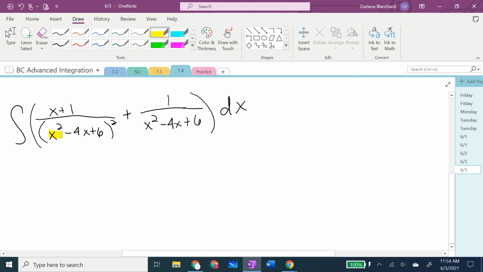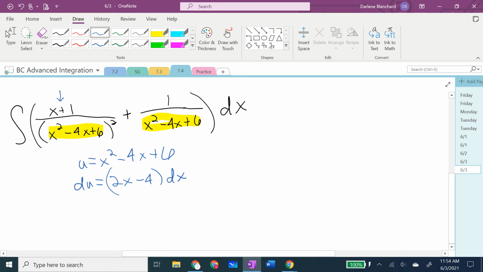Now, regardless of which of these two I'm using, if I'm able to do a u substitution, that u is going to be x squared minus 4x plus 6. The derivative is 2x minus 4. Now, as I look at my first numerator, if I flat out split the x and the 1, the u substitution isn't going to work.